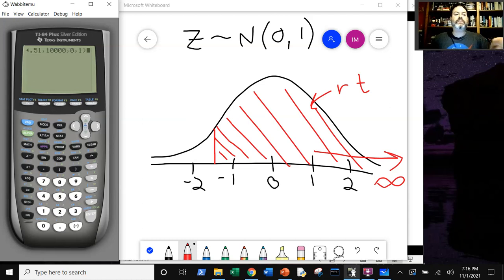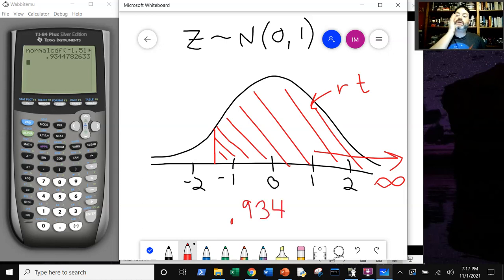And you see it puts it up on the screen. And you can see we get 0.934. Follow the directions on the homework for the number of decimal places. I'm just doing 3 just for illustration, but always follow the homework. So there you go. That's how you do it.